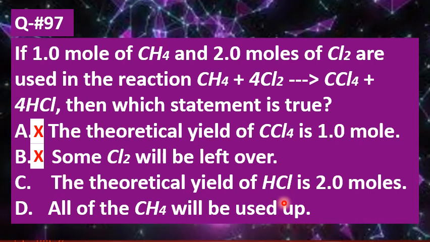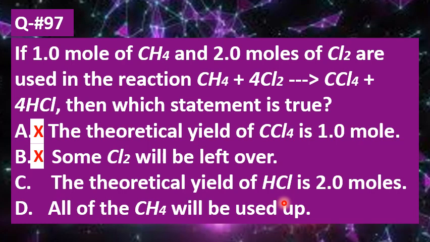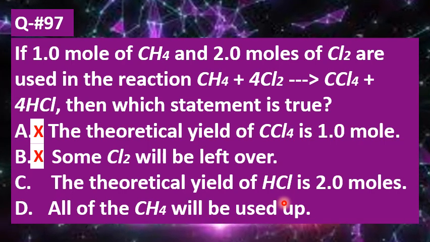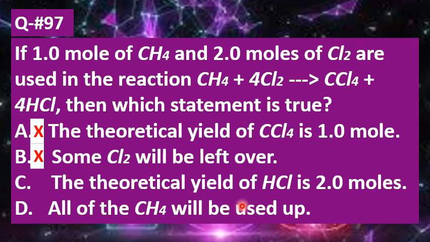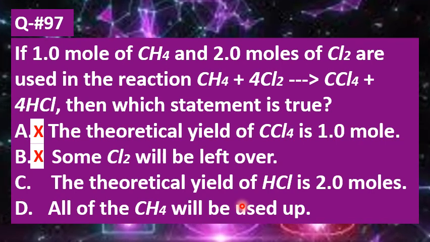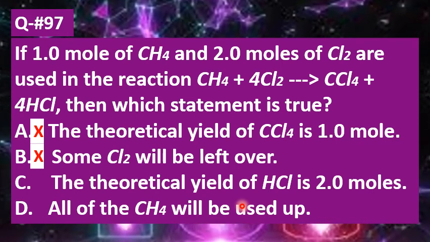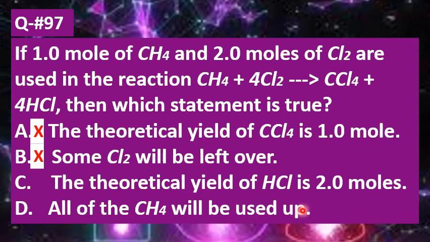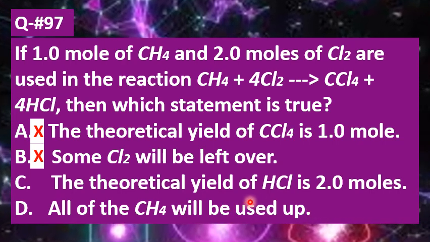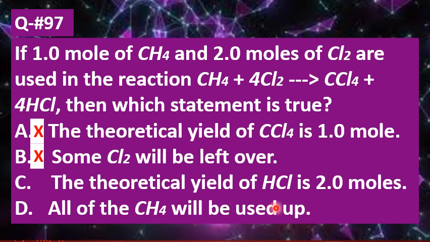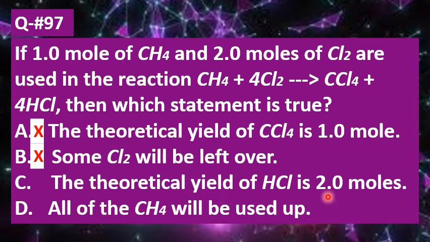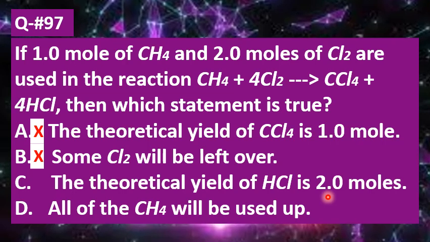So out of the 1.0 mole of this compound, only 0.5 is actually used up, and therefore there is an excess of 0.5 that is left over. That means statement letter D is also incorrect.